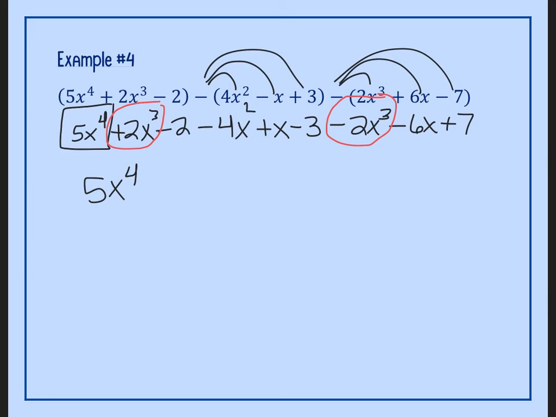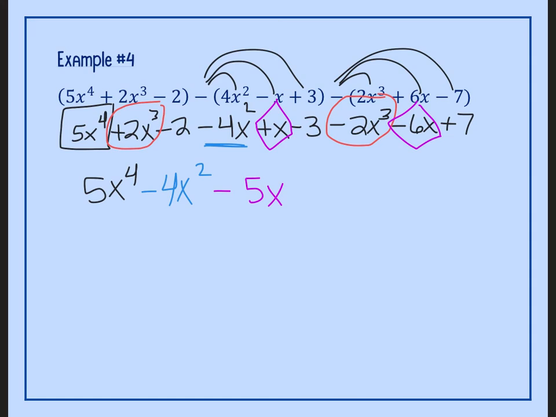So next I'm going to go to my x squareds, and I have a -4x squared, and I don't see anything else. Let me bring that down. After x squared, I have to look for my x's. This is a 1x minus 6x. This is a minus 5x.